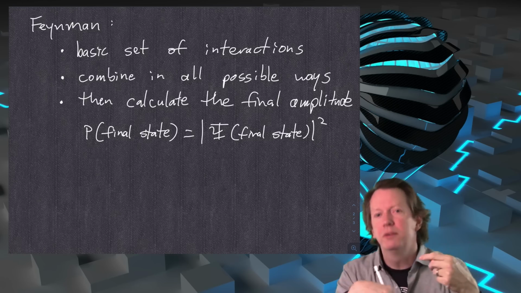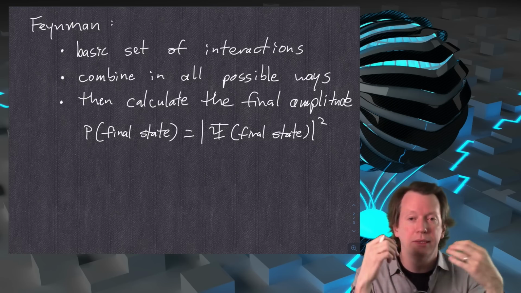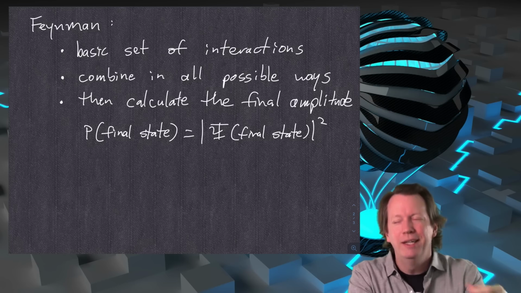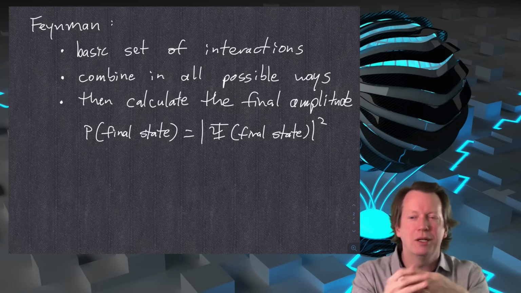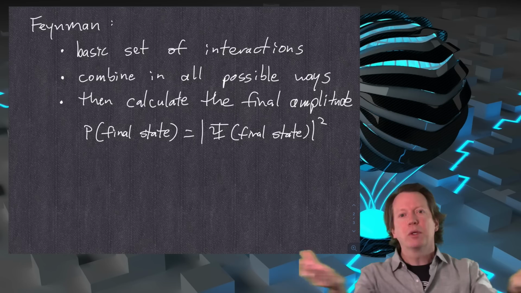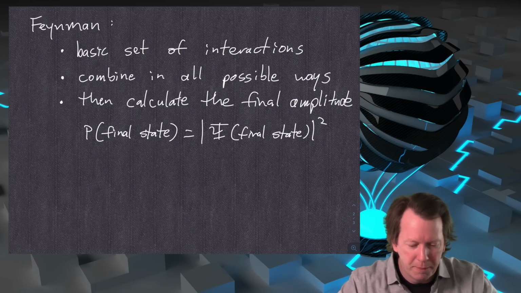So I write this over and over again because I really do want to emphasize this fact I already mentioned, that quantum field theory is not a replacement for quantum mechanics. It's a specific example of quantum mechanics. All the rules of quantum mechanics are still here in quantum field theory. It's just the thing we're quantizing are fields, not particles.